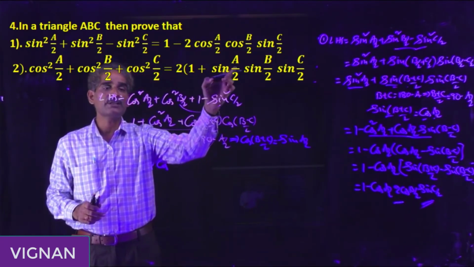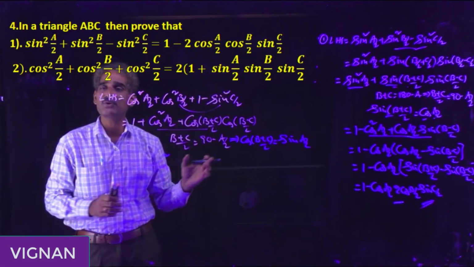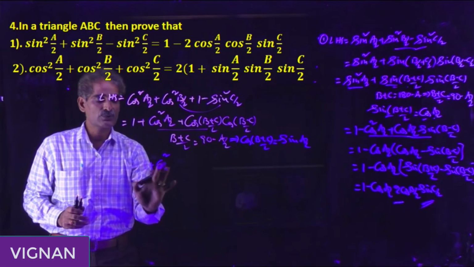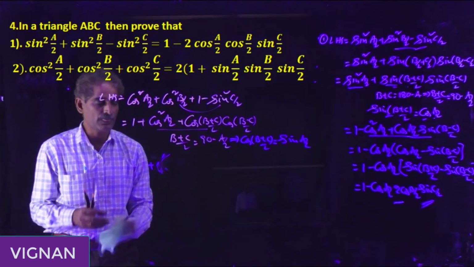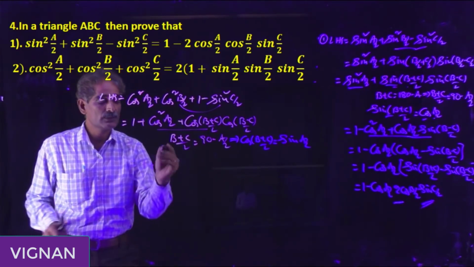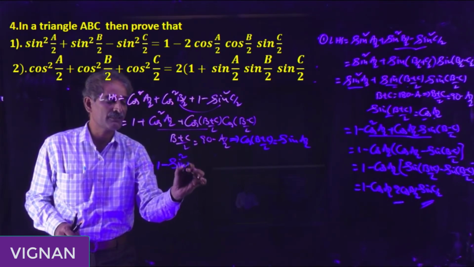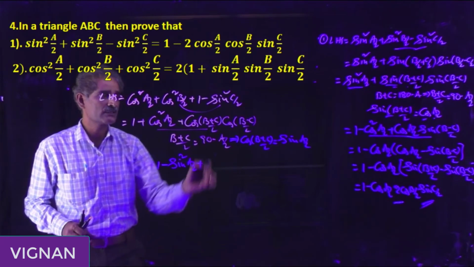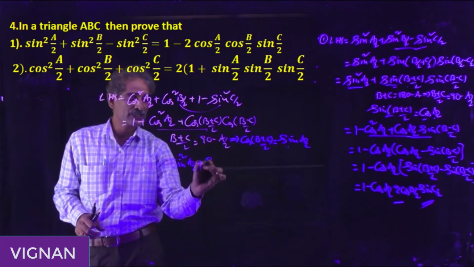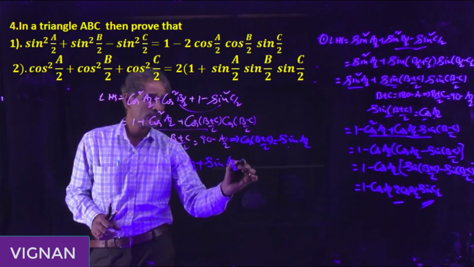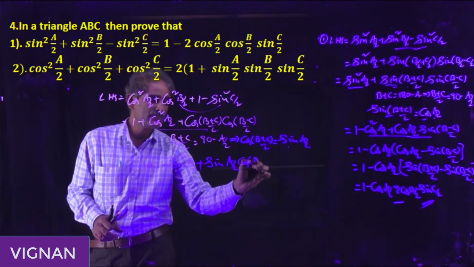But on the right side of the second problem also, sin A by 2, sin B by 2, sin C by 2 are there. Here we have to change this into sin functions. So here we can write 1 minus sin square A by 2 plus, replacing cos (B plus C)/2 by sin A by 2, sin A by 2 into cos (B minus C)/2.